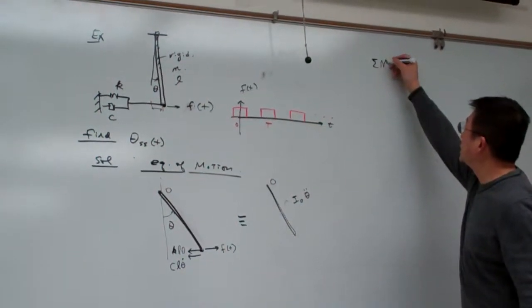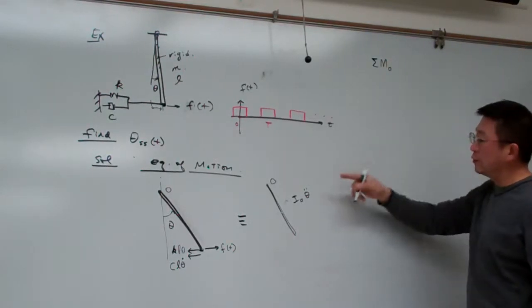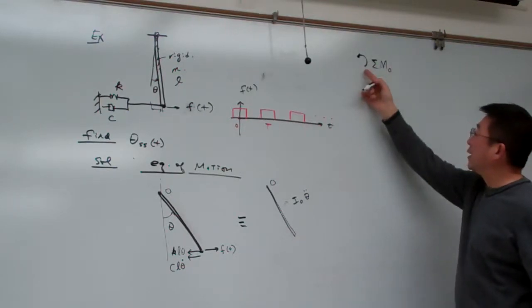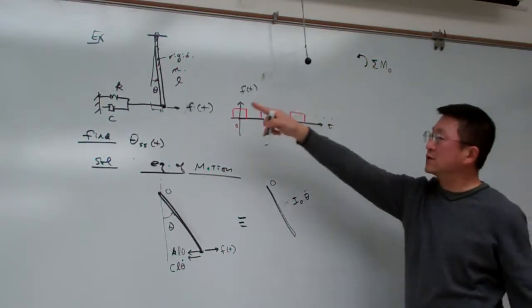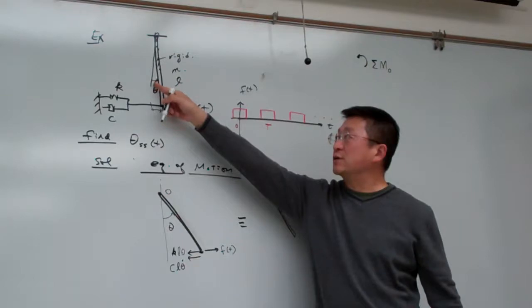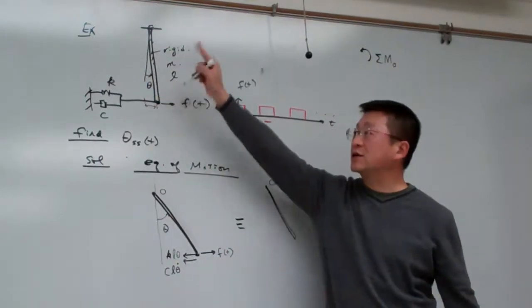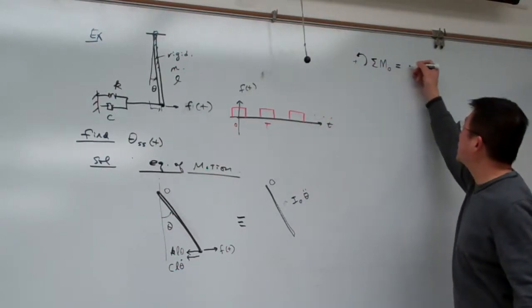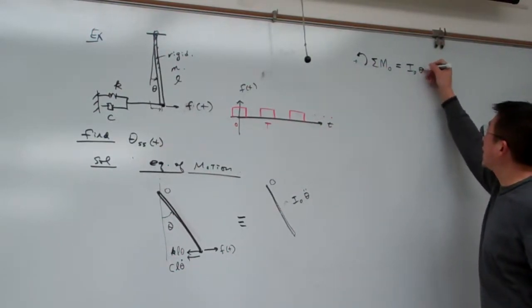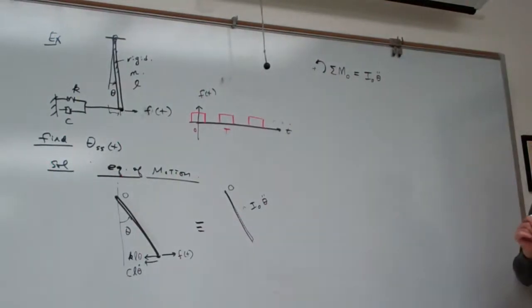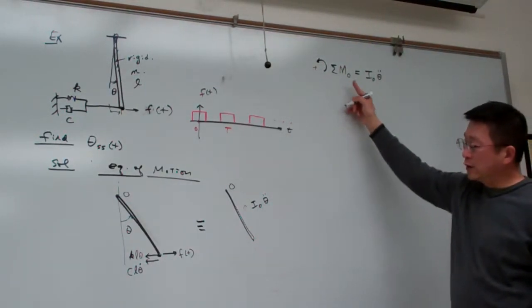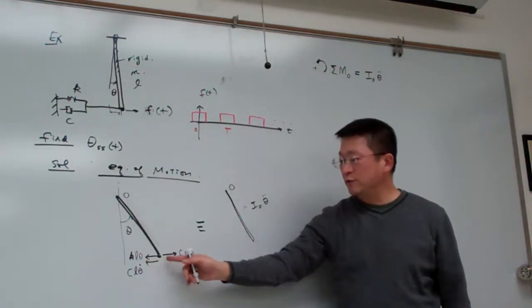In terms of the formulation, we take the moment about the pivot point O, and take the sign convention along with our adopted direction of the degree of freedom, which is counterclockwise. Let me take that as positive. That must be equal to I_O theta double dot. The moment is contributed by three forces.